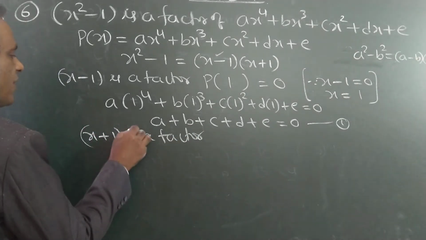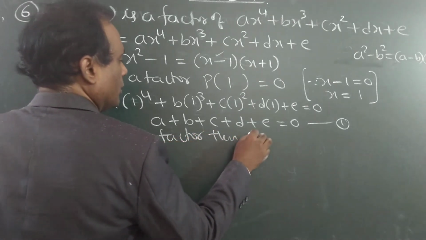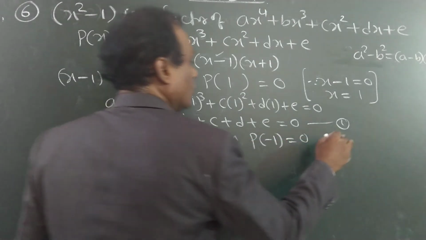X plus 1 is a factor means then P of minus 1 is equal to 0. Why minus 1?